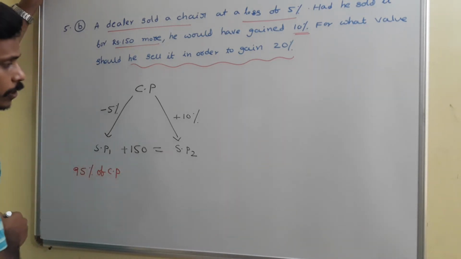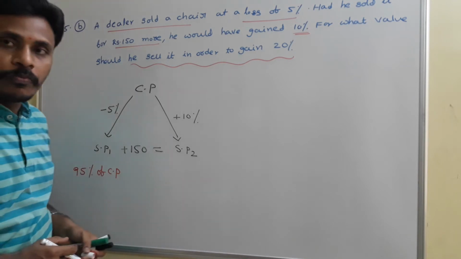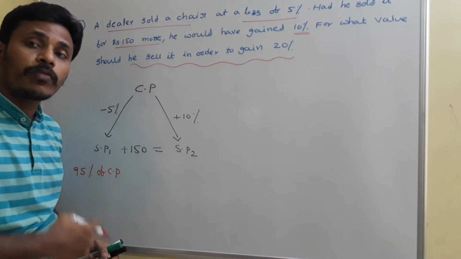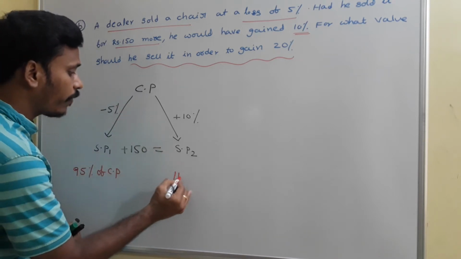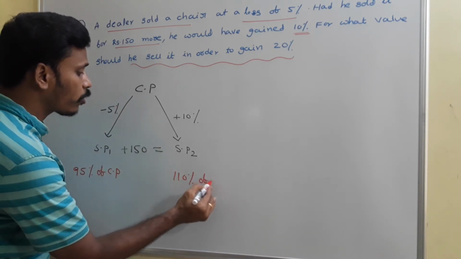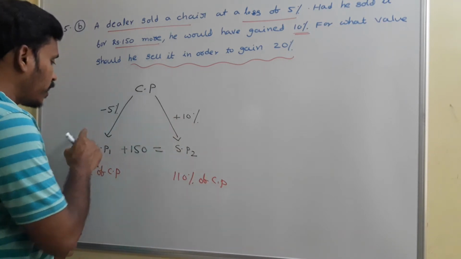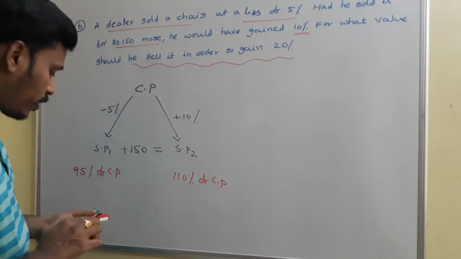This is selling price 1. Then what is selling price 2? Here there is a profit of 10%. We need to add 10% of the cost price to the cost price, and that will be 110% of the cost price. Since it is profit, 100 plus 10, and since it is loss, 100 minus 5.